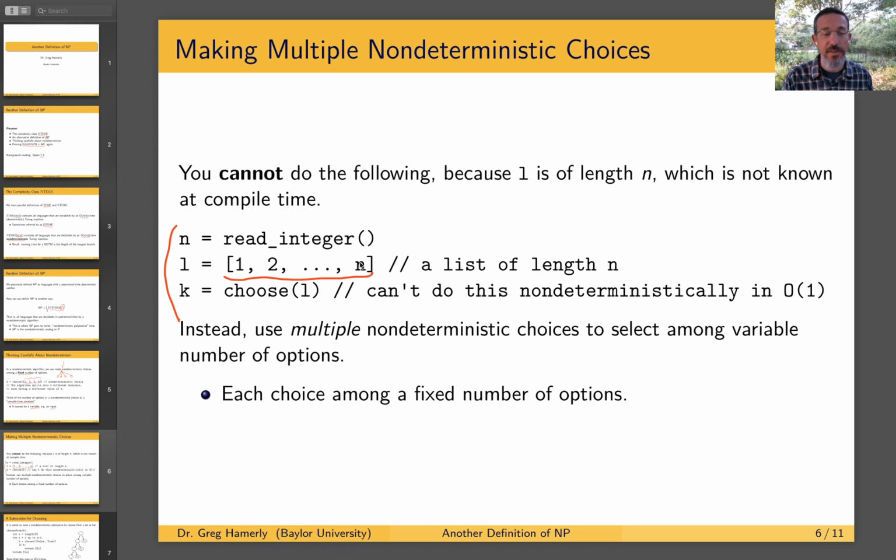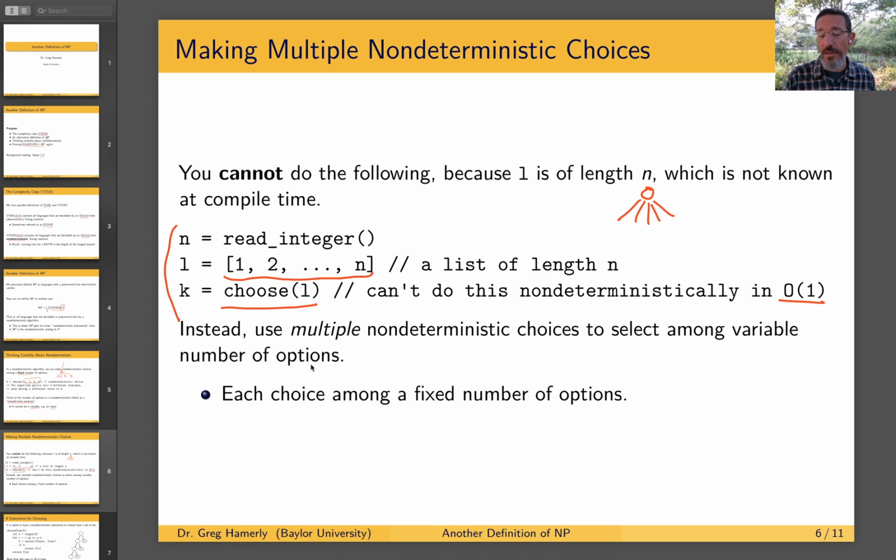And then construct a list that's that long, and then make a single non-deterministic choice where we branch into n different configurations, where each configuration has one of those n options. We cannot do this non-deterministically in constant time, because a non-deterministic choice is always among a fixed number of options. If you recall our discussion on branching factor, that's the branching factor.